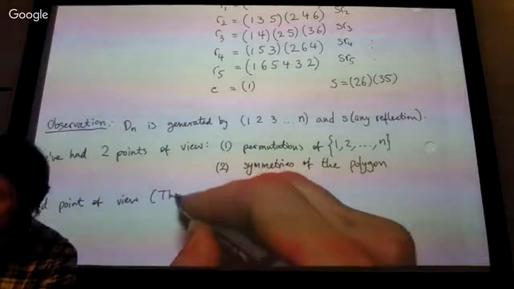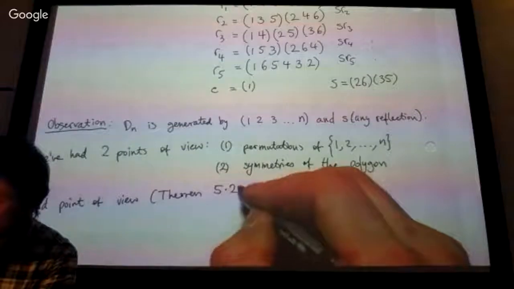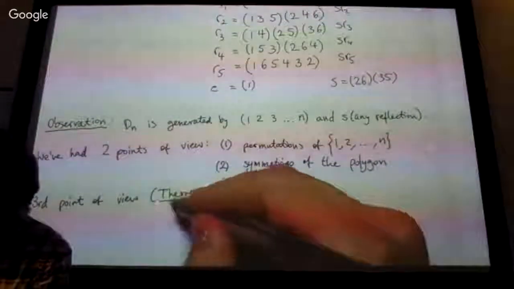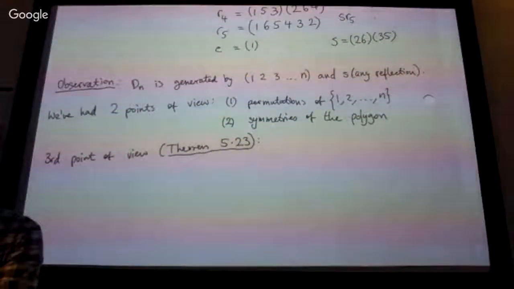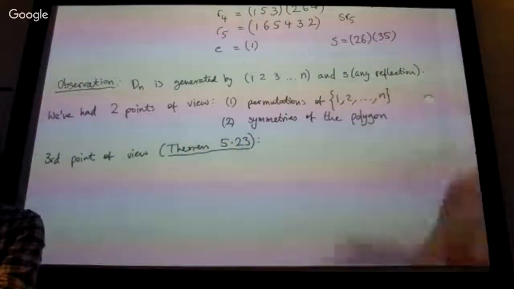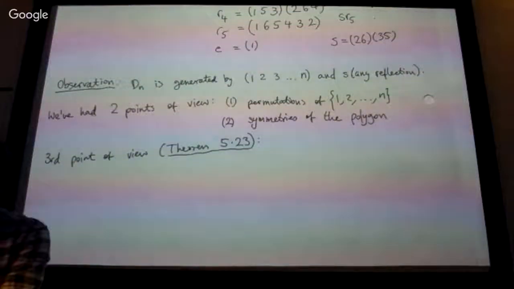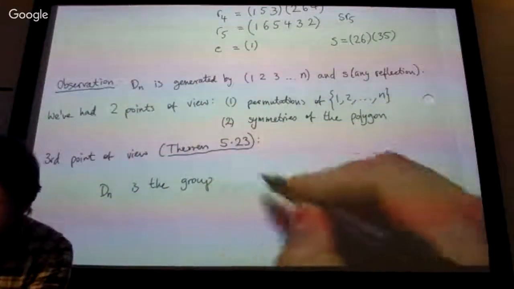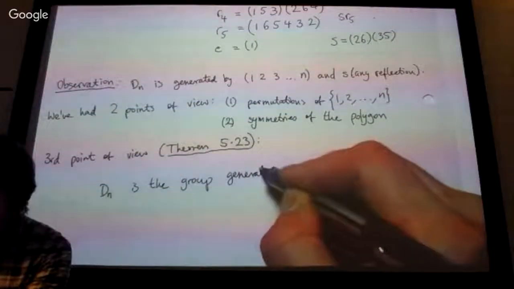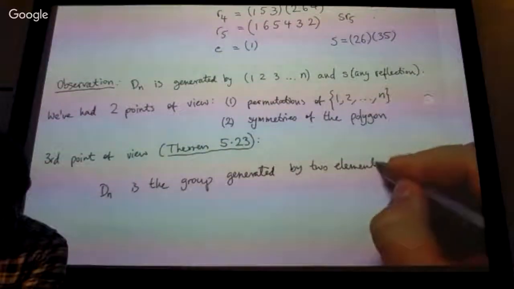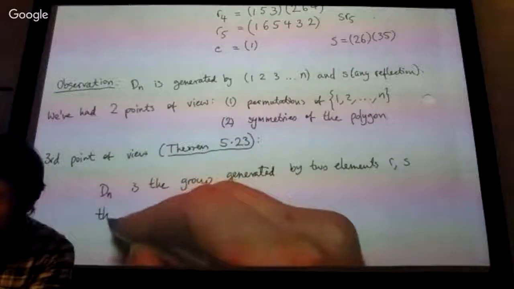But now there is a third point of view, which is theorem 23: D_n is the group generated by two elements, R and S, that satisfy this.